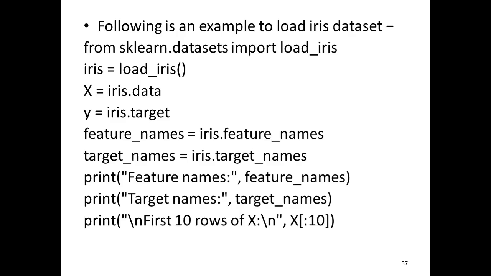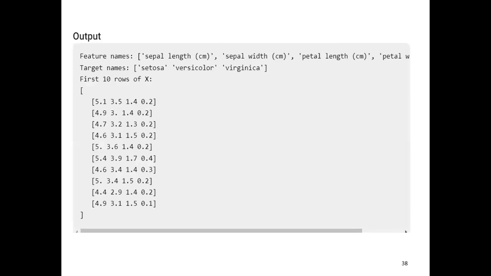To fetch the feature names, use iris.feature_names, and for target names, iris.target_names. Then you can print the feature names and target names and display the first 10 rows. This is the output for the code.